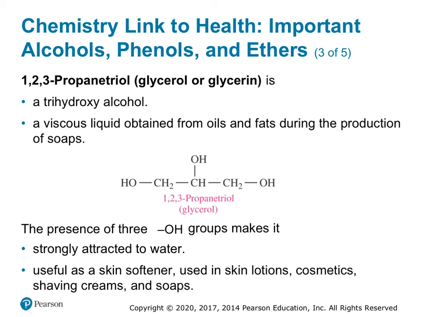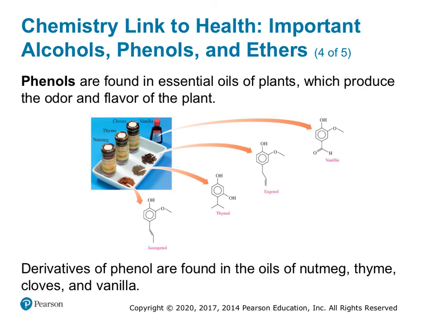You may have heard of glycerin before. It's a viscous liquid, meaning very thick, obtained from oil and fat in the production of soap. Having 3 OH groups makes it very attracted to water, so it's strongly water soluble, and it's used as a skin softener and used in lotions, cosmetics, shaving cream, soap, and all those kinds of things.